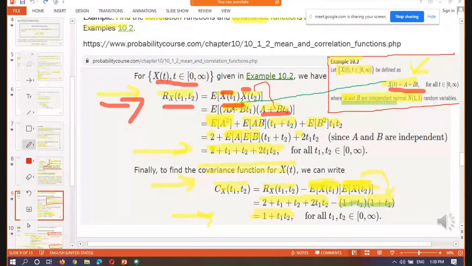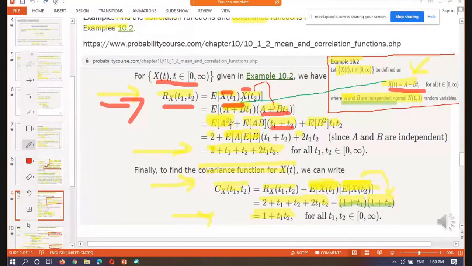After multiplication, you have one term A square, another term A B t2, the next term B A t1, and the third term B square t1 t2. Then you distribute the expectation to each and every term. As t1 and t2 are real constants, they will be out of the expectation.